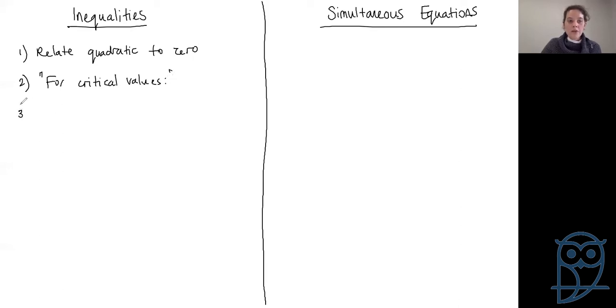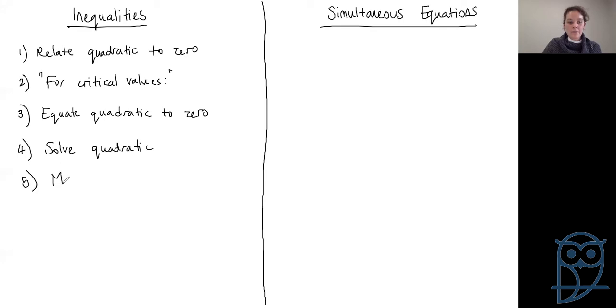We're going to then equate our quadratic to 0. We're going to solve our quadratic. We're going to draw a mini sketch. And we're going to give an answer.